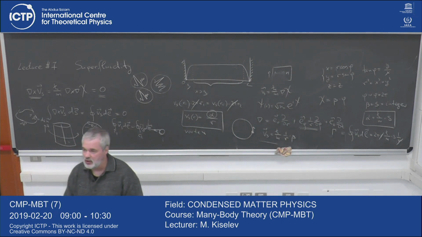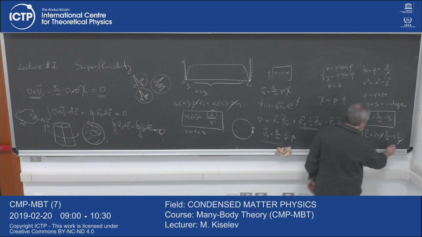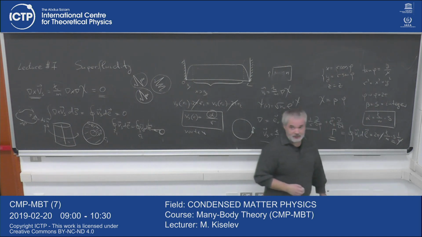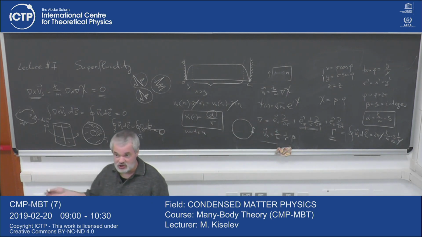And what you see is that the circulation, which is the integral of the superfluid velocity field over the boundary of your contour, is quantized. So what I obtained is quantization of circulation, because gamma is proportional to some integer number times h bar.